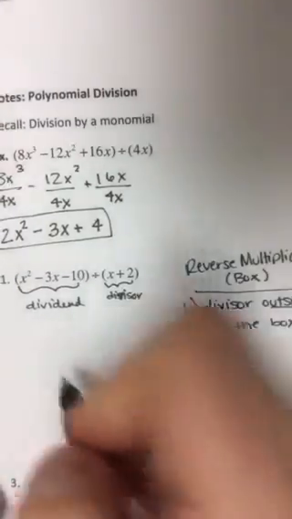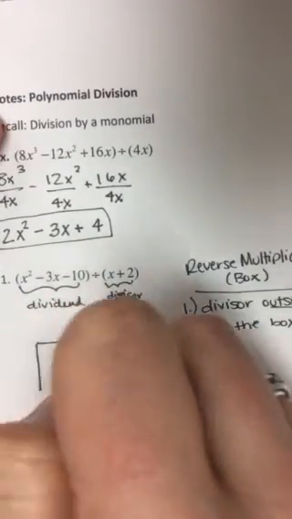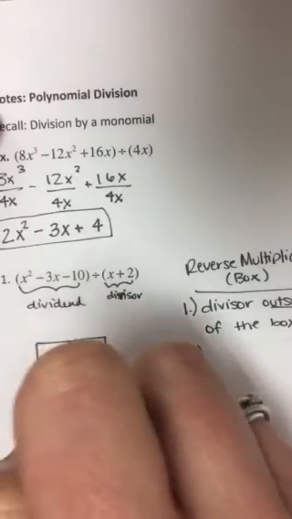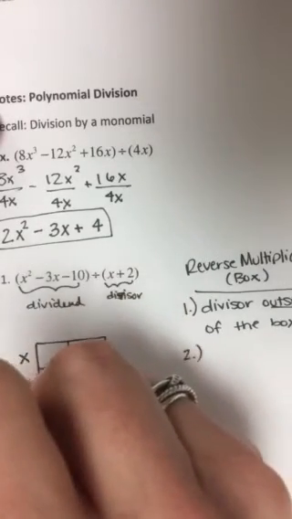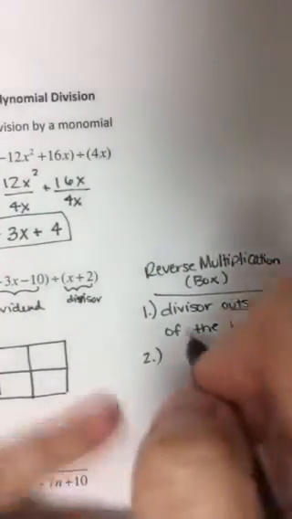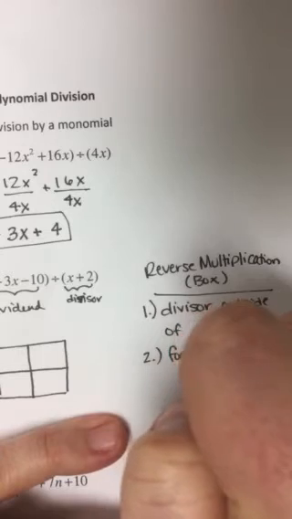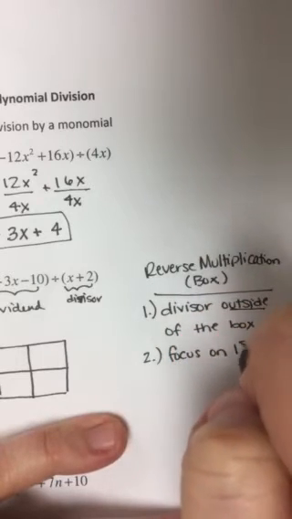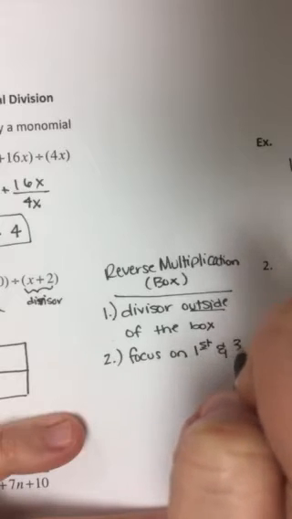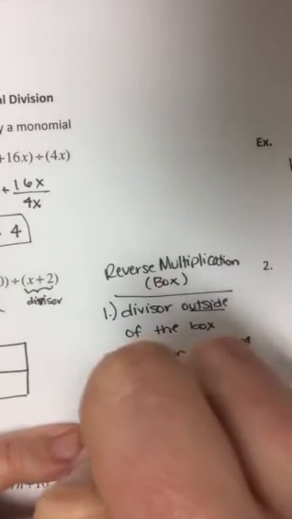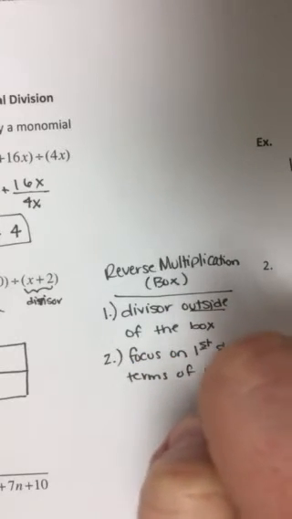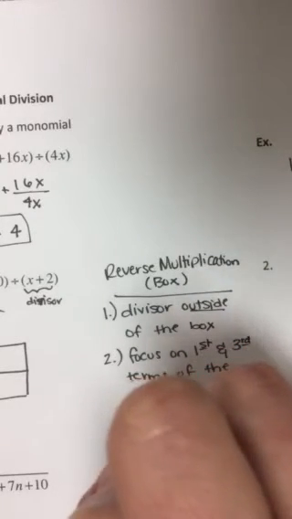So in step 2, I'm going to go ahead and create my normal box, okay? And I'm going to have my divisor outside, so that's the x and the 2. In step 2, I'm going to focus on the first and third terms of the trinomial.